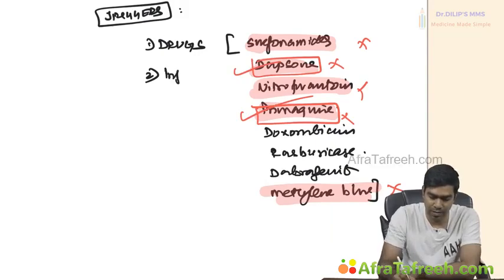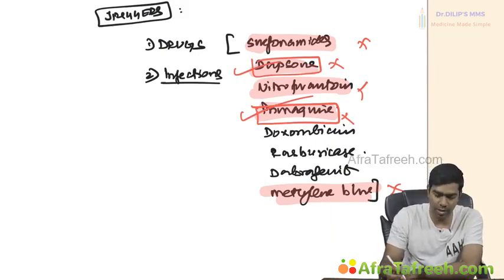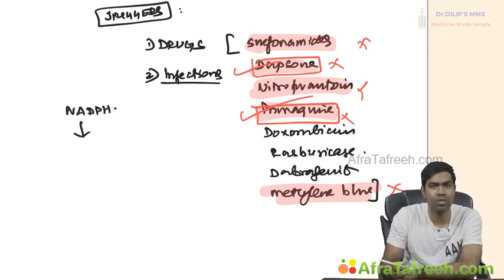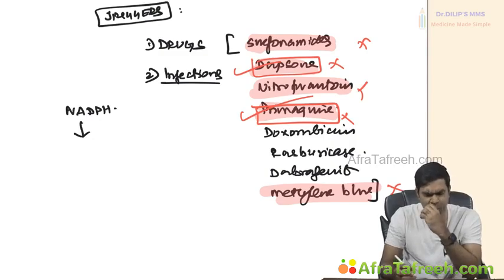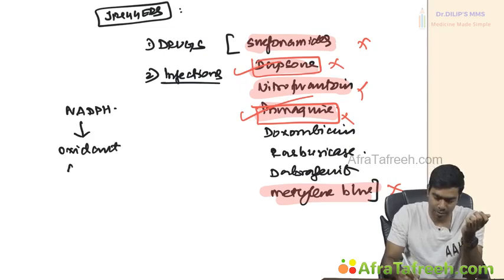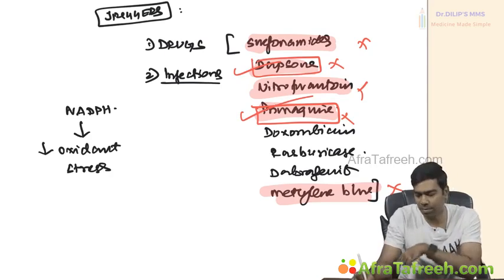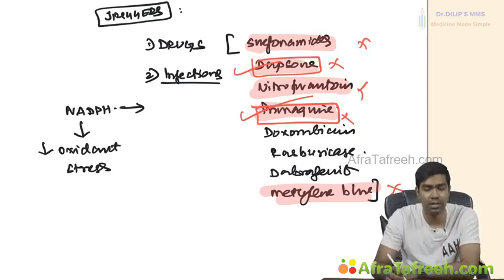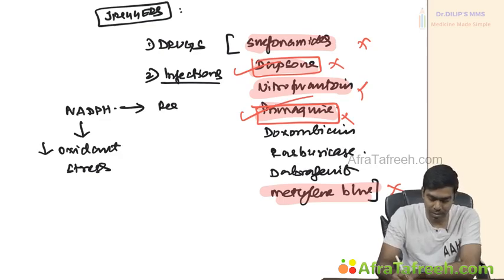Second, it can be triggered with infections. What is the problem? I told you already there is some amount of NADPH. NADPH has many purposes. The most important two purposes are, one, tackling oxidant stress, and second, respiratory burst, otherwise called oxidative burst.